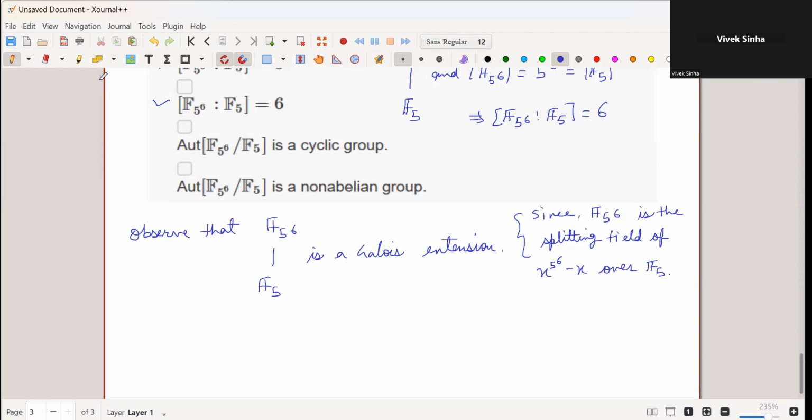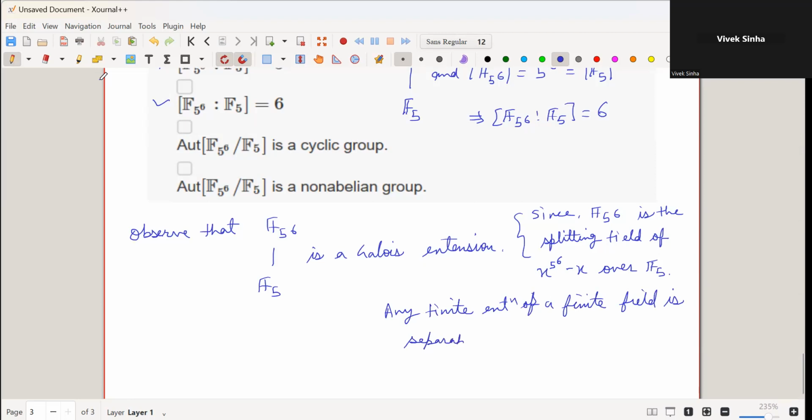This is because any finite extension of a finite field is separable.